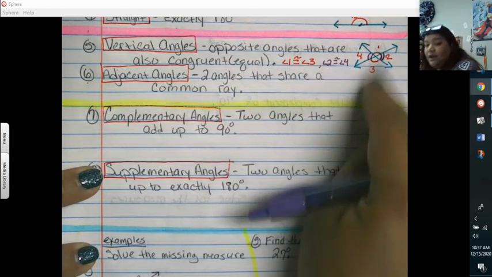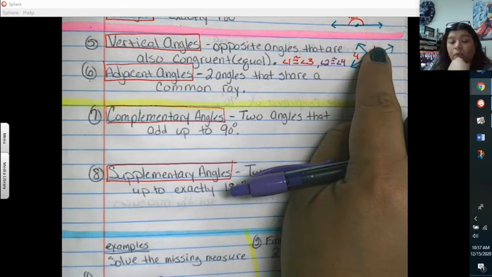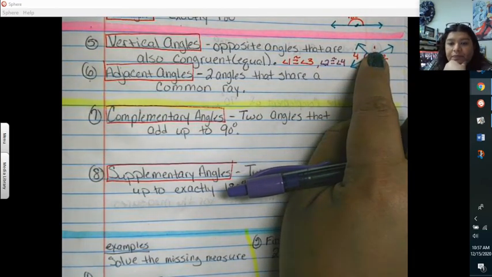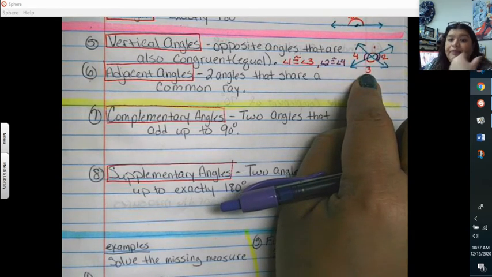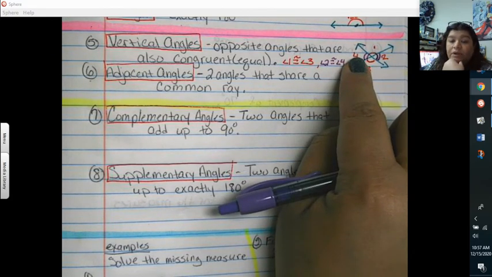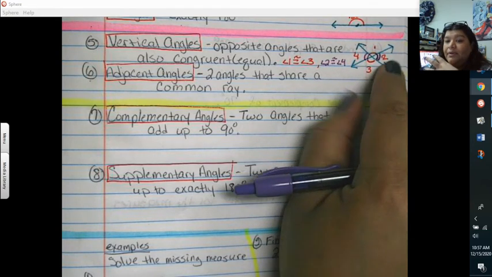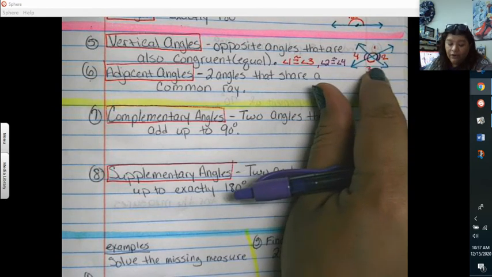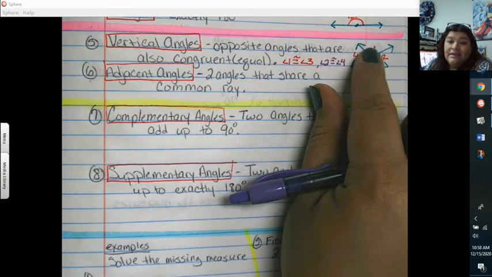So angle 2 is congruent to angle 4. So vertical angles, opposite angles are equal. So if angle 1 is 60 degrees, that means angle 3 is also 60 degrees. If angle 2 is 120 degrees, then angle 4 is 120 degrees. Now, what makes it so special is when I add these up, it should make a perfect circle, which is 360 degrees.